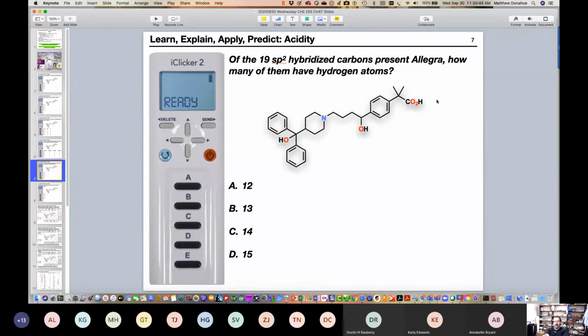The correct answer is C, it's 14. So you have 5 here. So 5, 10, 11, 12, 13, 14. This hydrogen, as Ian points out, is bonded to the oxygen. It's not bonded to that sp2 hybridized carbon.